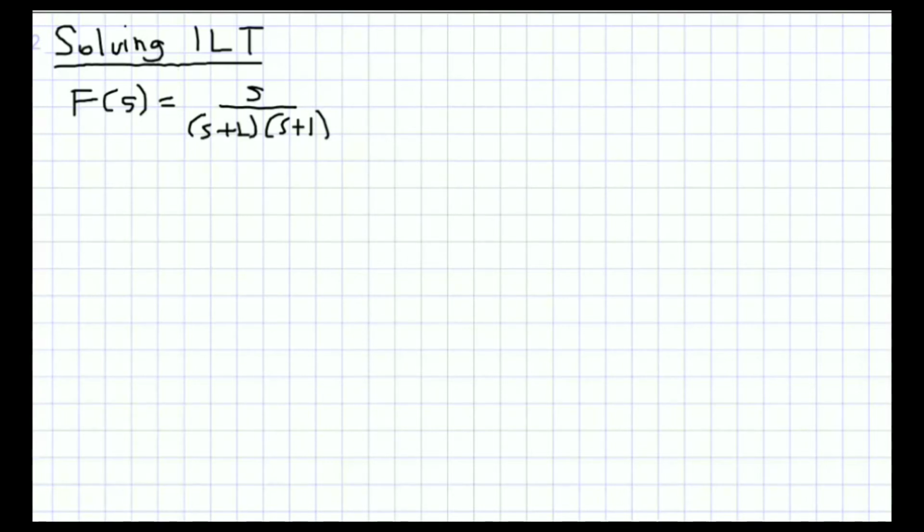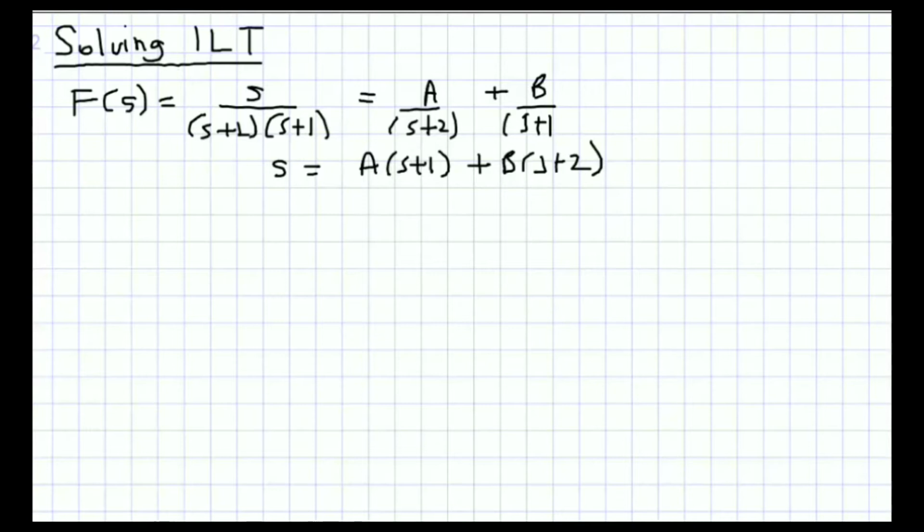So this equation equals A over s plus 2 plus B over s plus 1, right? And this equals A(s plus 1) plus B(s plus 2). So by trial and error, we need to solve this. So this one will become this. I'll show you this one.